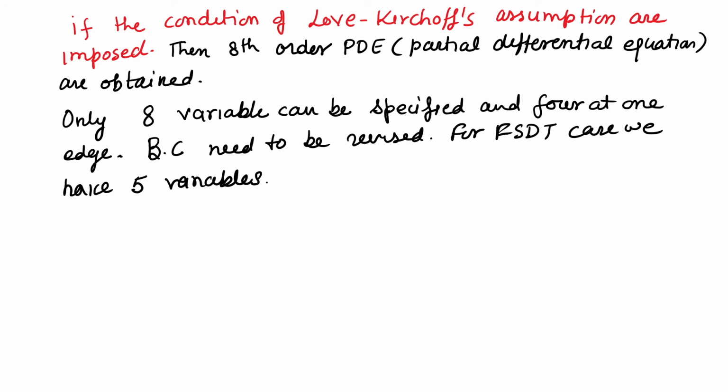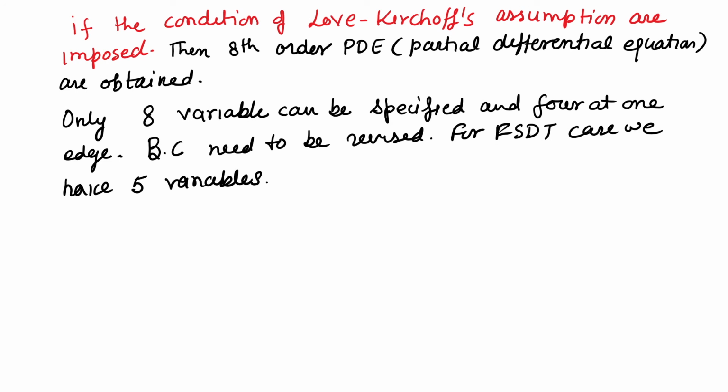Already I have said that if you apply Love-Kirchhoff's assumptions, it will be an 8th order PDE, partial differential equation. So, we can solve for 8 variables, and we need 8 boundary conditions.